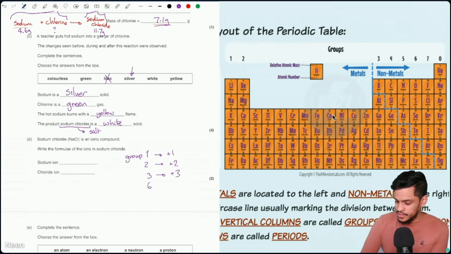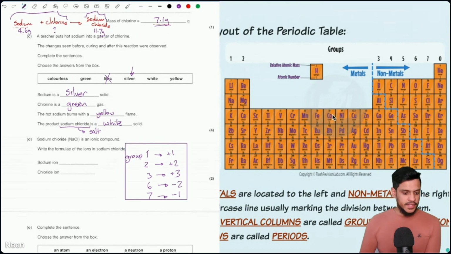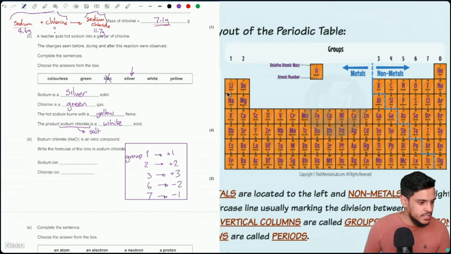So then we got group 6. Group 6 forms -2 ions. Group 7 forms -1 ions. Those are the ones to memorize. So based on that, let's look at our periodic table here. We got sodium. So sodium is here. That's group 1.